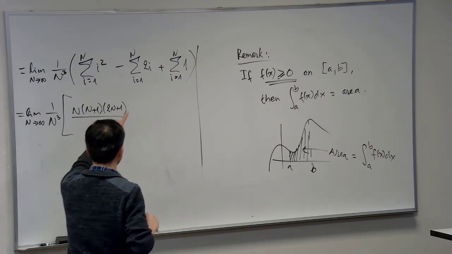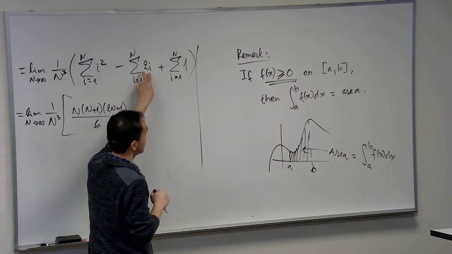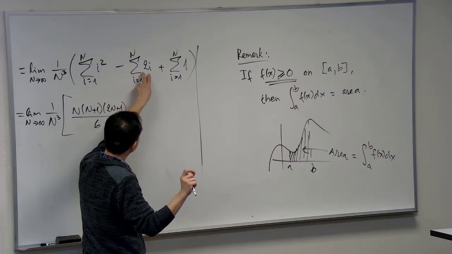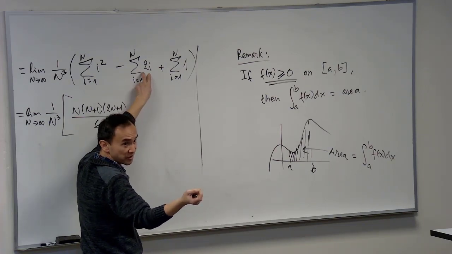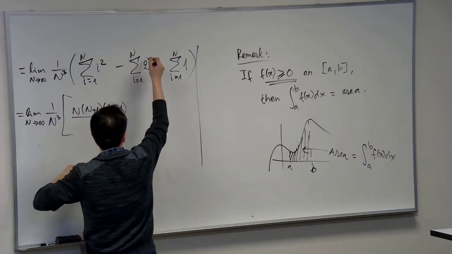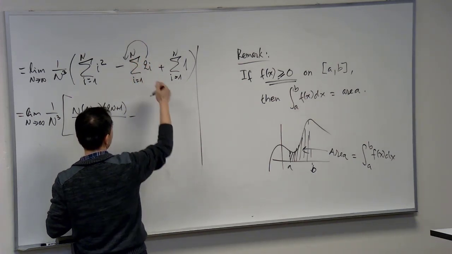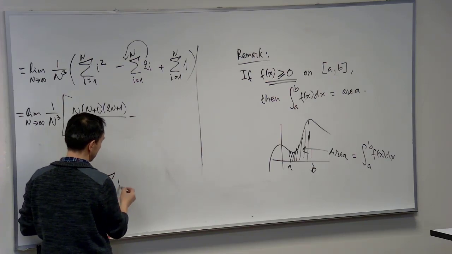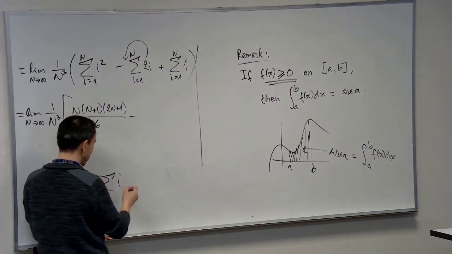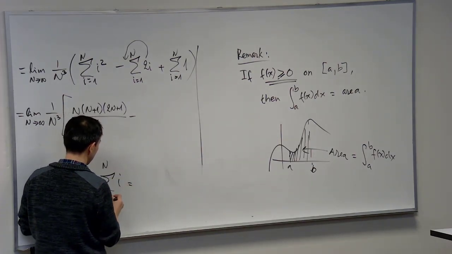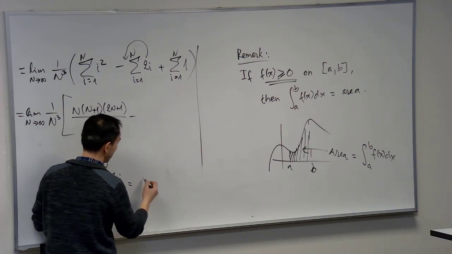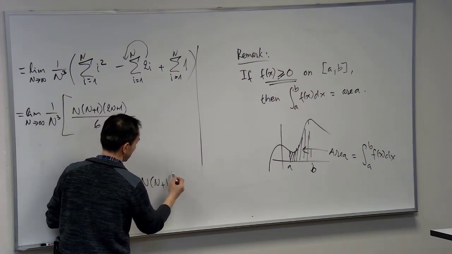And then this thing right here, it's 2i, the 2 here is another independent component. It's the coefficient of your term, a constant coefficient. We can pull it out front. So bringing that 2 out front, you're simply looking at the summation of i from 1 to n, which gives you n times n plus 1 over 2.